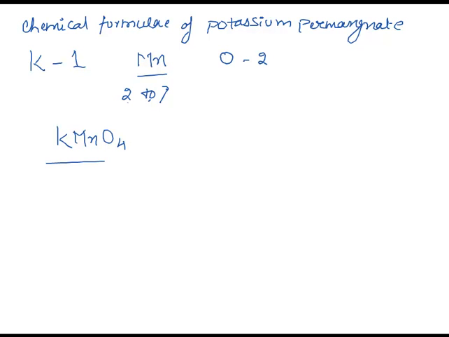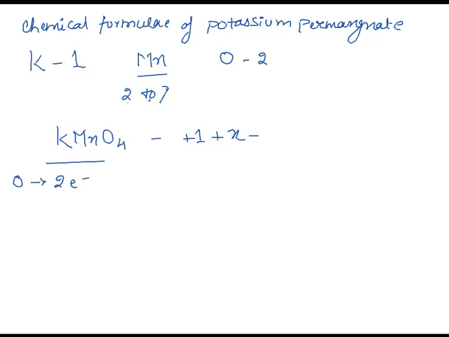And for potassium permanganate, if I calculate the charge on manganese, what is it coming out? Potassium is +1, plus X, because the charge on manganese I don't know. And what is the charge on oxygen? Oxygen has taken up how many electrons? 2 electrons, right? So it is -2.